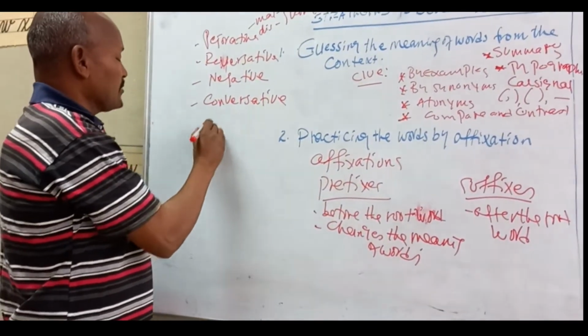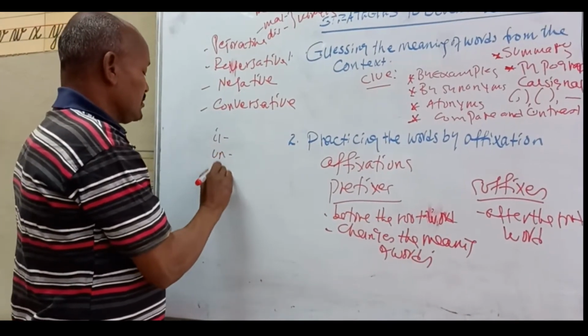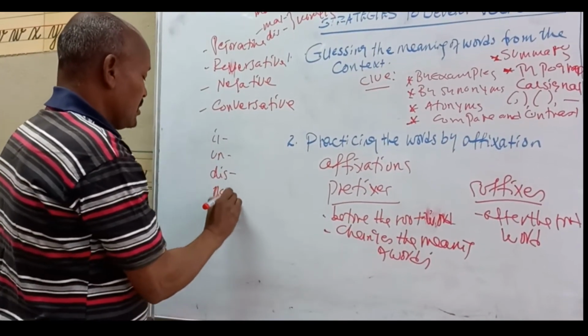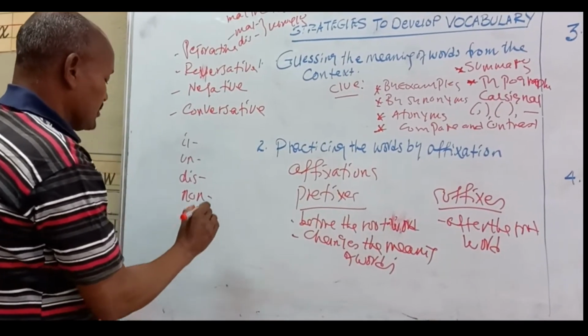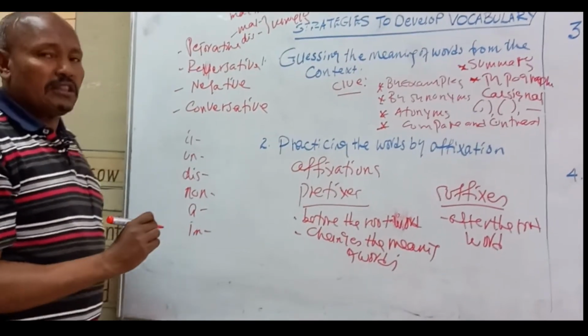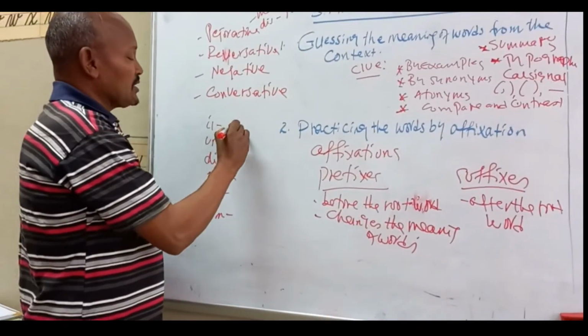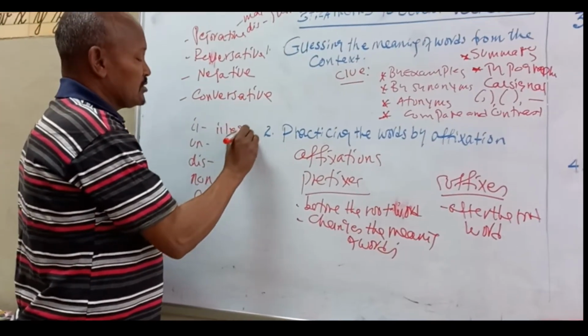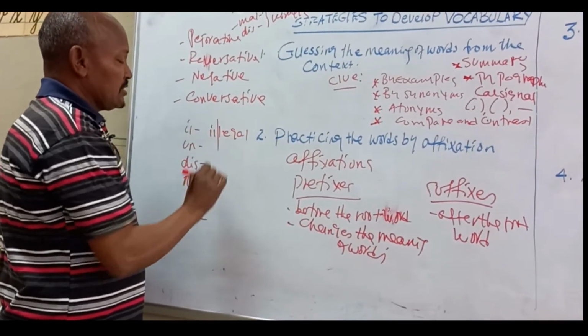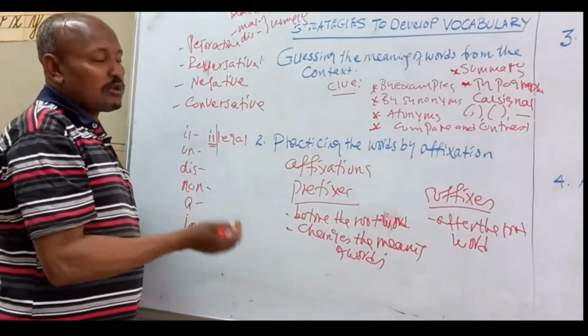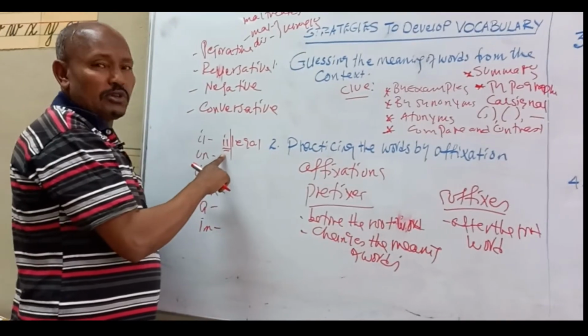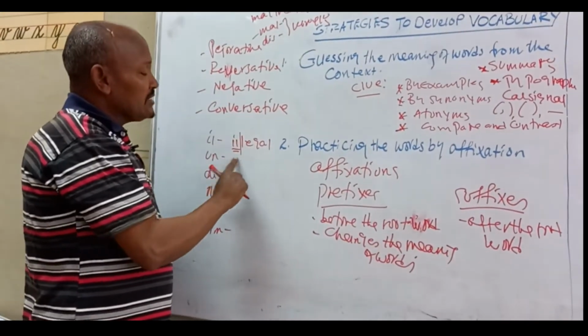For example, il, non, a, and im are some of the prefix types. Take legal, which is positive meaning. If you add the prefix il, it gives a negative meaning. You practice this way to get the meaning of illegal.